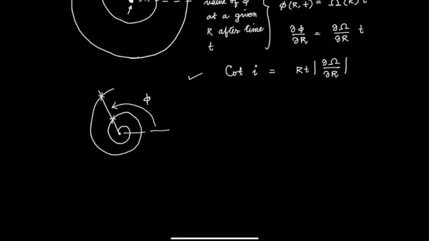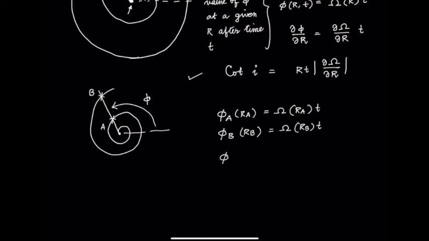If I call this the point A and this the point B, I can write phi A at the radius RA is omega at RA times T, phi B at the radius RB is omega at RB times T. And if these two are just adjacent spiral arms, then you will agree that phi B is 2 pi plus phi A. It has rotated 2 pi extra.